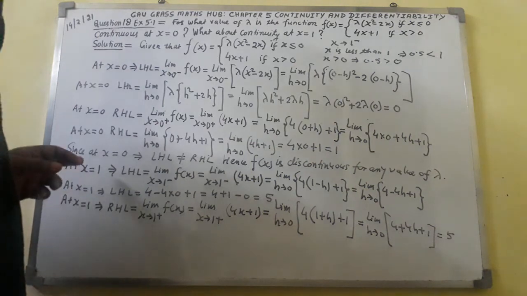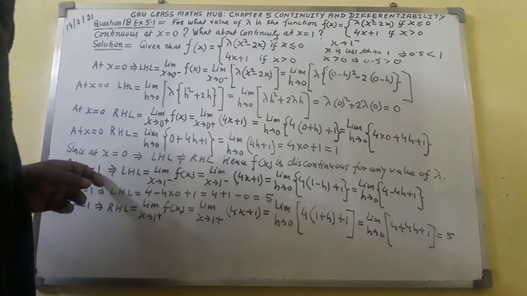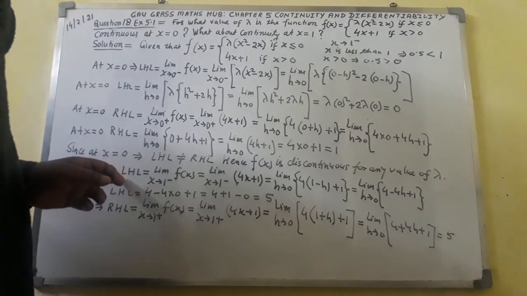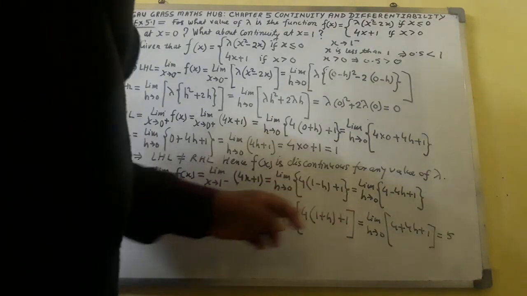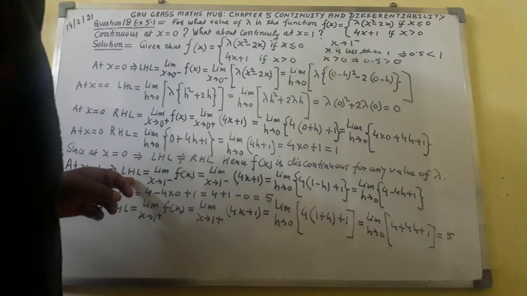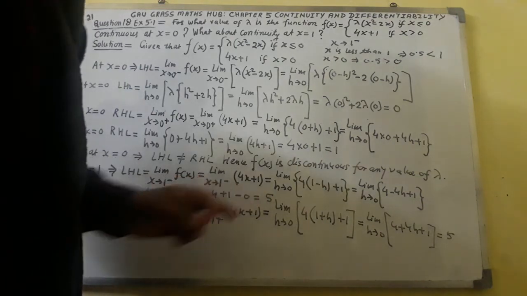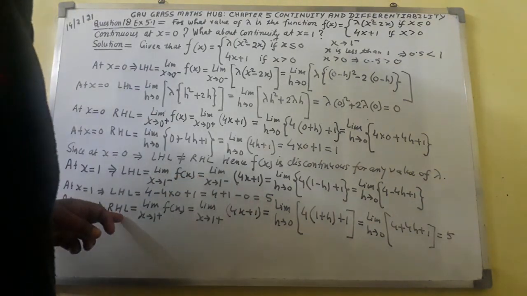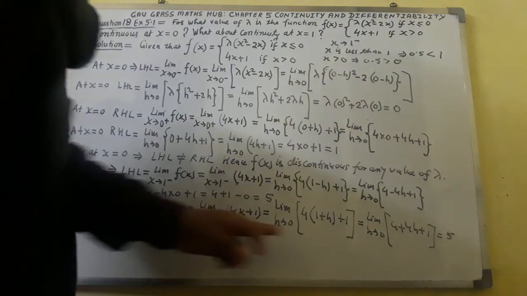So here you can see at x equal to 1, the left hand limit you have got is 5, and also at x equal to 1, the right hand limit you have got is 5.